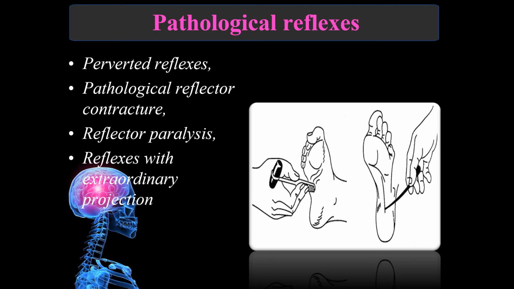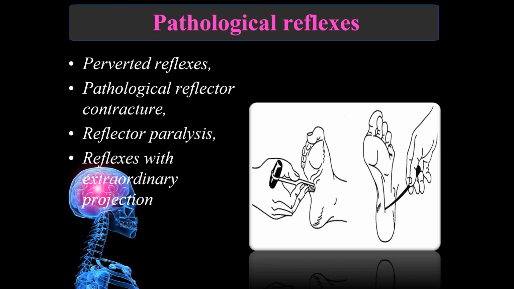The reflex paralysis occurs as a result of inhibition of the activity of the motor neurons by impulses from the sensory nerves. And unusually projected reflexes arise during elimination of the inhibitory effect of the higher part of the nervous system on the spinal cord motor neurons.